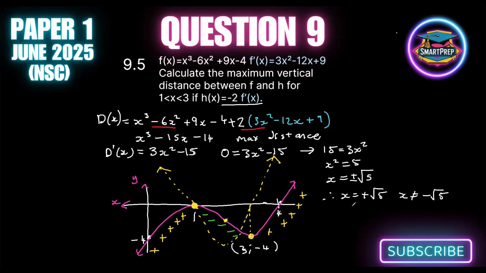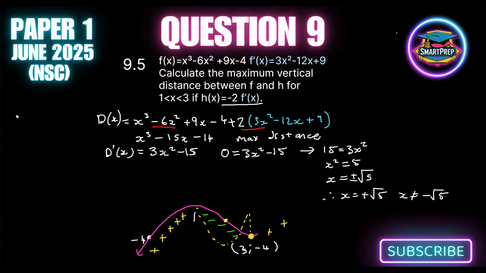Okay, now we know what x is. We can simply substitute that into the distance formula that we've already worked out, our d. So now it's going to be d of root 5.